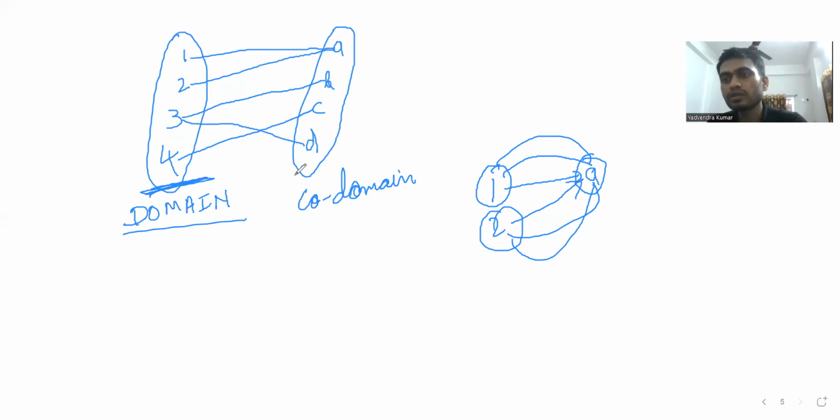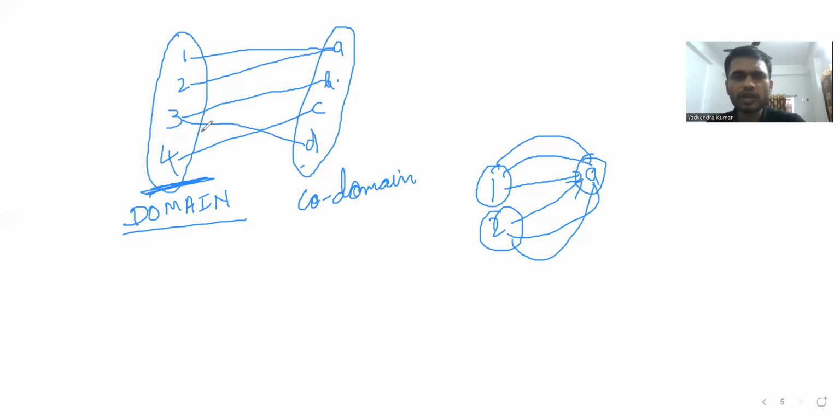Now this is not a function. Why? Because two elements of the codomain have the same pre-image. So B has pre-image 3 and D has pre-image 3. Is this allowed in a function? No, this is not allowed. So this does not satisfy the definition of a function.